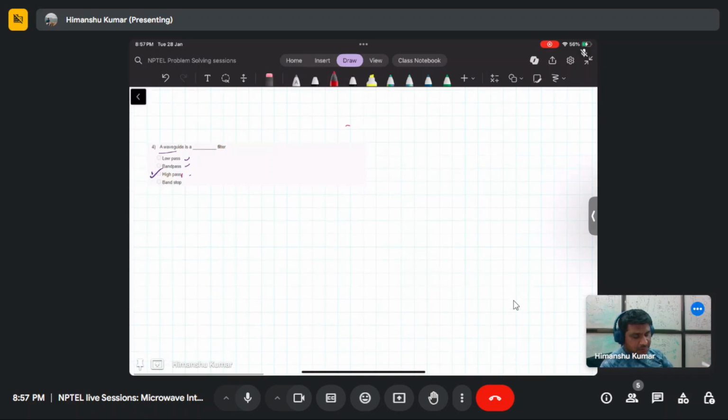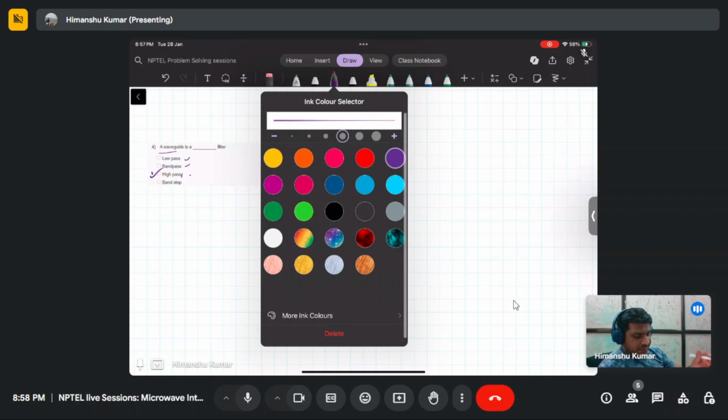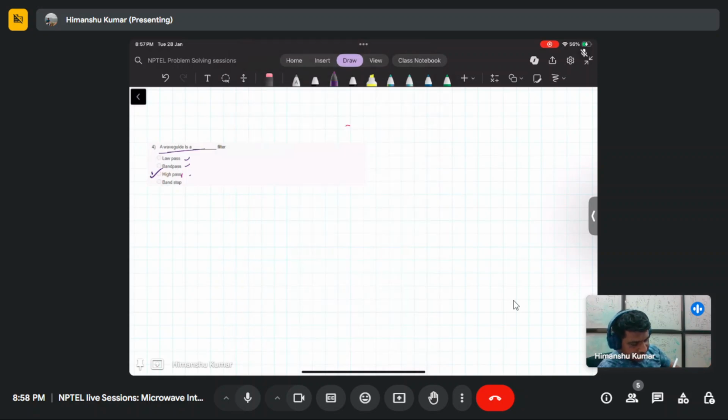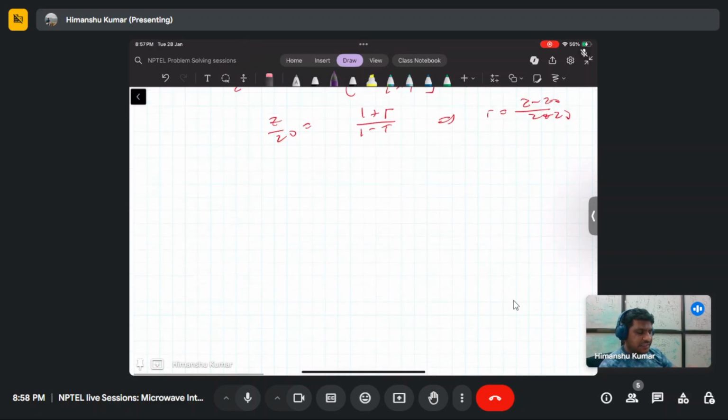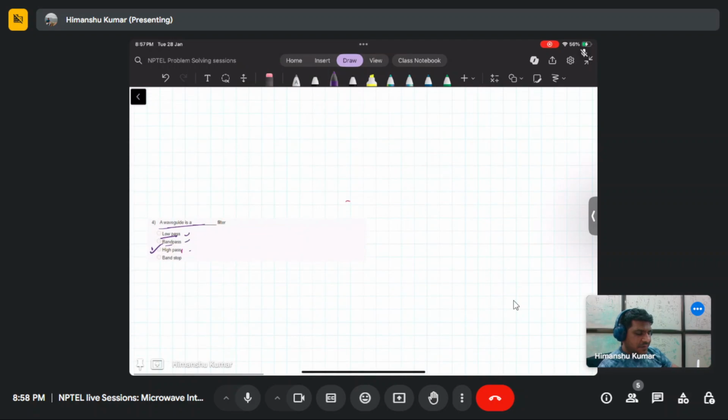The next problem is: is a waveguide low pass, band pass, or high pass? A waveguide has a dispersion relation with a cutoff frequency. This is the linear dispersion, and a waveguide will have a dispersion like this, with omega and beta axes.